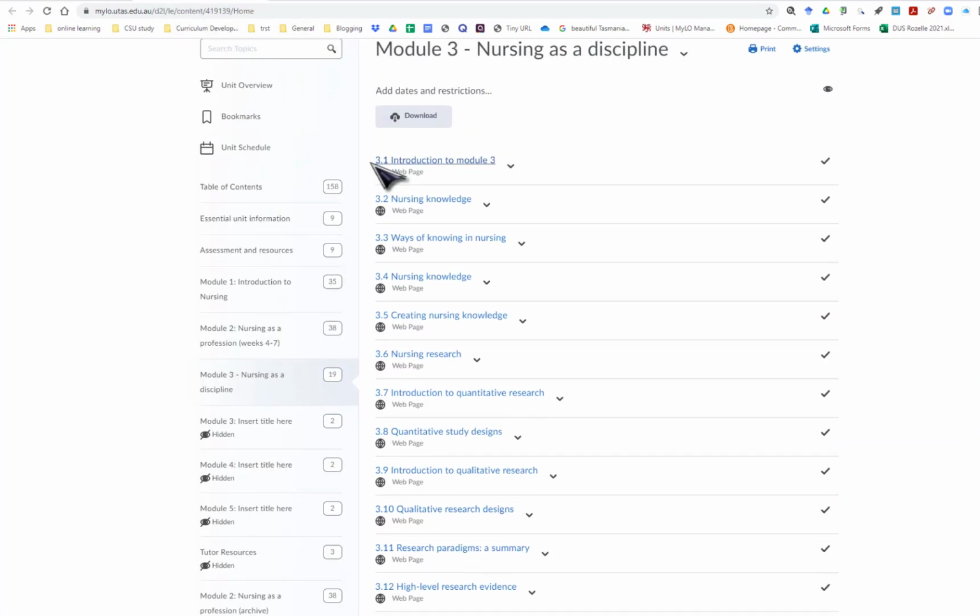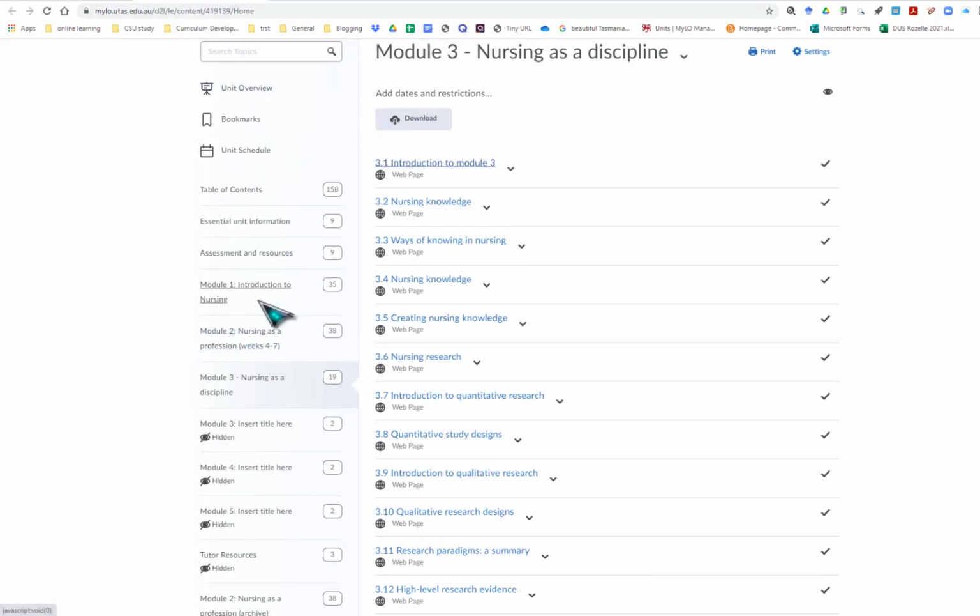If you go to module 1, module 2, module 3, you can see that module 1 is the introduction, module 2 is nursing as a profession, module 3 is nursing as a discipline. So in these 2 sections, you should be able to find out everything you possibly need to know about what the difference is between nursing as a profession and nursing as a discipline.